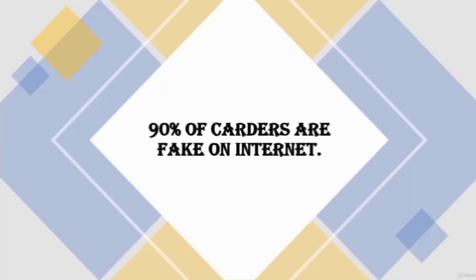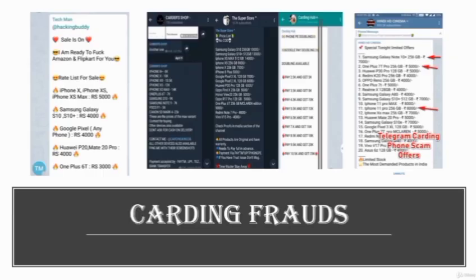Most of these Telegram and Instagram carders flee away after getting money. The only purpose they have is to collect such smaller amounts, resulting in a huge sum of money. As you can see in the carding fraud, on WhatsApp and Telegram, they sell fake products at fake prices.